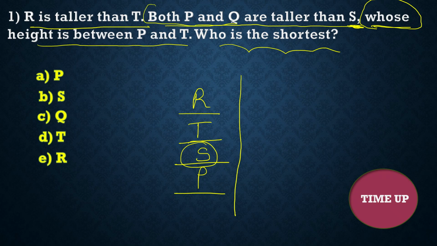Both P and Q are taller than S. So here you can't place what? P. So what can be the other possibility then?